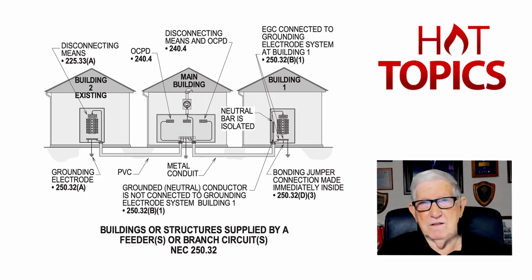Now, there was a big change that took place in the 1999 NEC. In other words, Article 250 was rewritten, and 250-24 was renumbered and relocated to 250-32B. And you could do it either way. You could route over and use the grounded conductor as an equipment ground, a neutral, and a bonding means to bond metal enclosures from earth grounded in building 2 back to the main building.